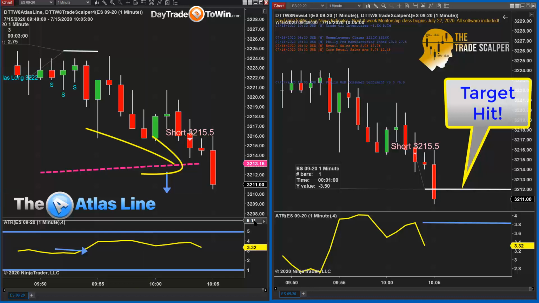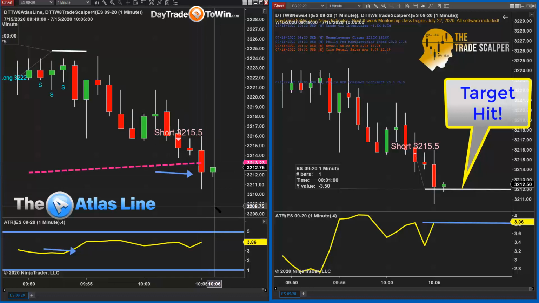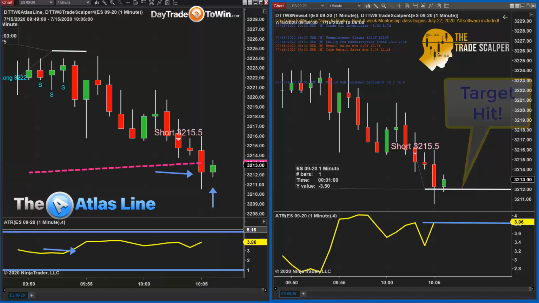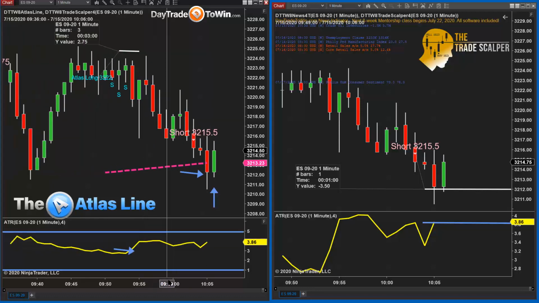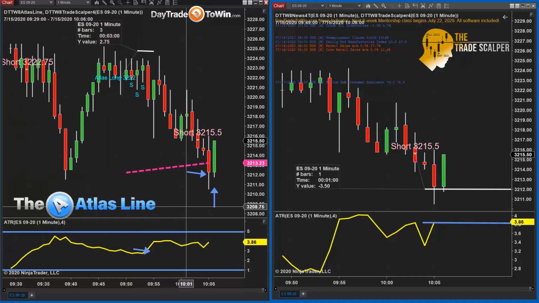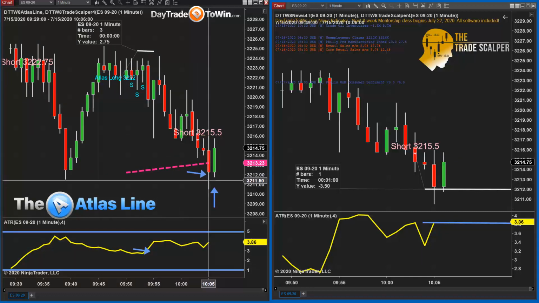So I know in advance that if this stays where it's at, and there's another candle which is here, and it also closes below the Atlas line, there'll be a signal to go short. So I can prepare in advance to go short, and it's an Atlas line short only if we have 2 consecutive candles closing below the Atlas line.